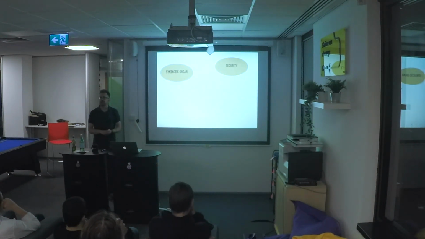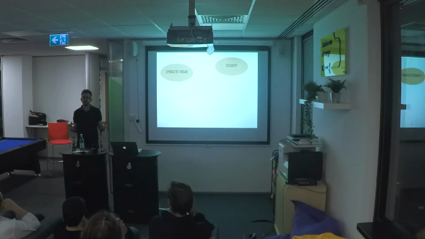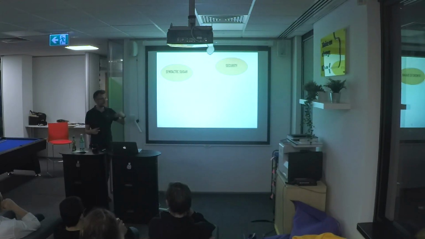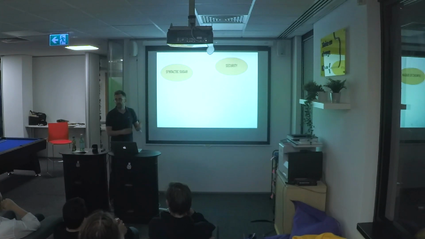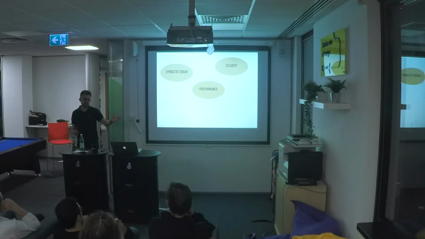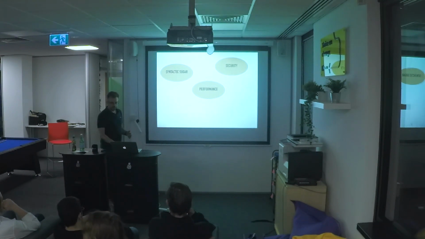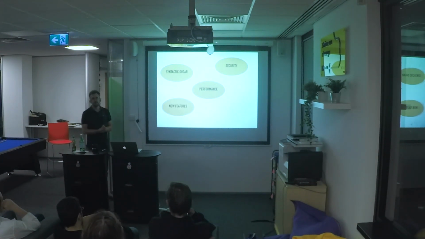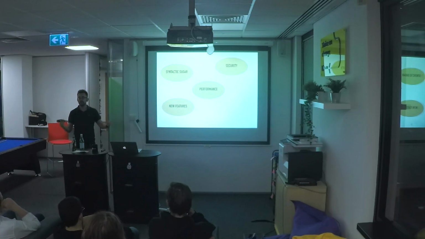There's syntactic sugar, so things like constructor promotion. You haven't really changed anything, but it makes the code, in my opinion, slightly nicer to read. You have performance-related things, so maybe stuff around the JIT. You have new features, so maybe things like enums.